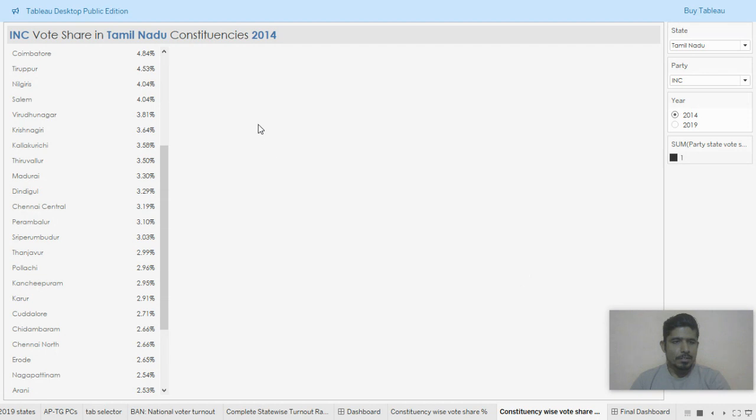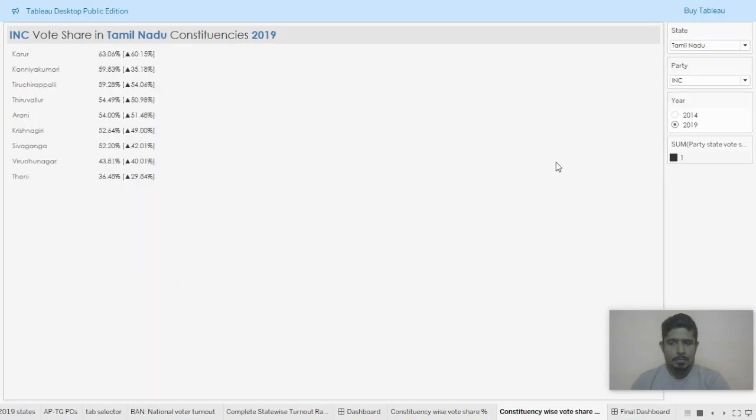So we are seeing vote share given to INC in different constituencies of Tamil Nadu for the election year 2014. In 2014, in Karur, INC got only 2.91% of the total votes of Karur. But in 2019, INC got 63.06%.